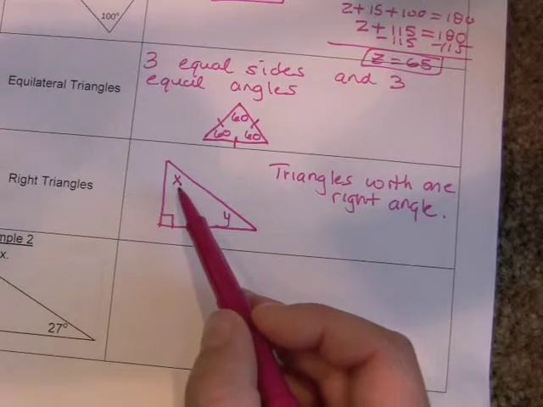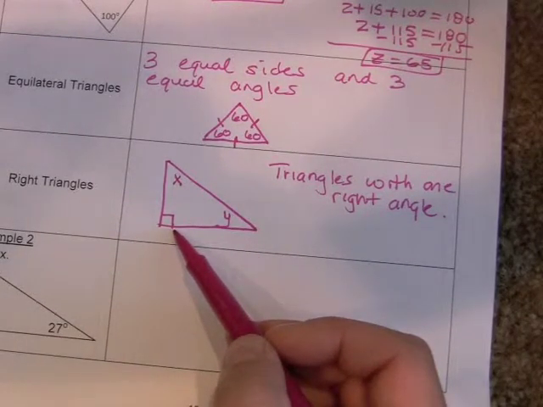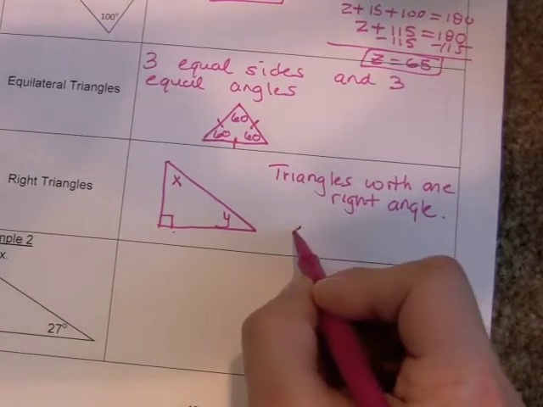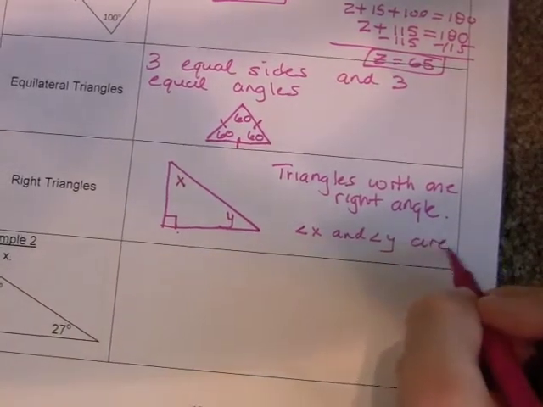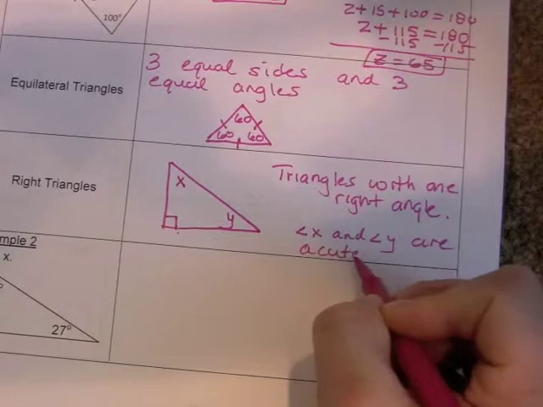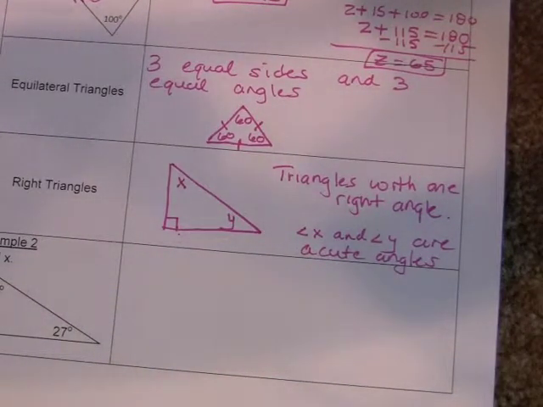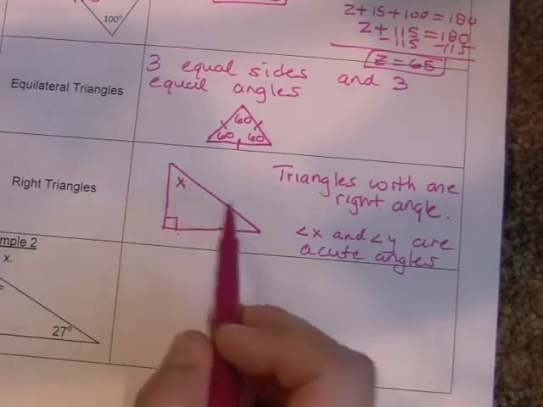You can't have anything more than 90 degrees in either x or y, or it'll be more than 180. So therefore x and y have to be acute. So angle x and angle y are acute angles. You should always know when you have a right triangle, the other two angles will be acute.